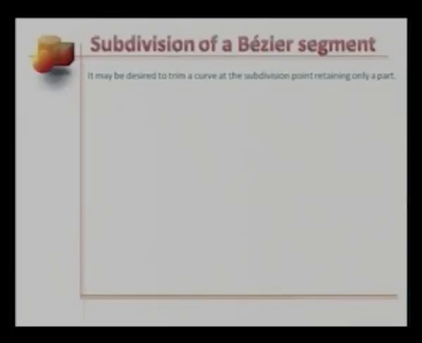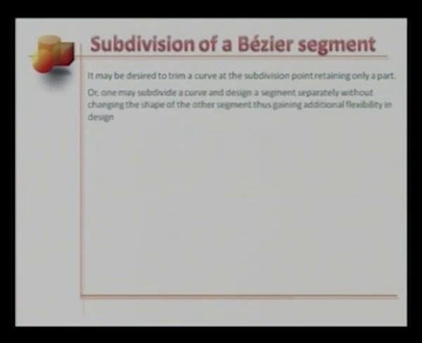Let's take a look at the first method, the subdivision procedure of a Bezier segment. It may be desired to trim a curve at the subdivision point, retaining only a part of the Bezier segment. Or one may subdivide a curve and design a segment separately without changing the shape of the other segment, and therefore gaining additional design flexibility.